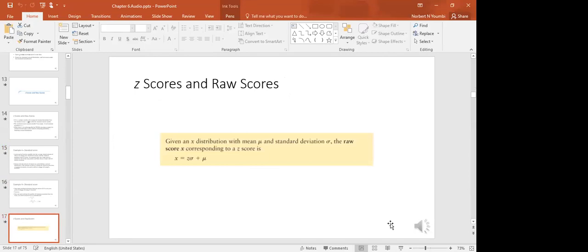The standard score is obtained by using the mean and the standard deviation from a raw score X. Now, if you have the z-score, you can solve for the raw score X. So X is equal to sigma z. In some problems, you are asked to find the raw score given the z-score. We are going to learn how to use the TI-83 calculator to get these values.